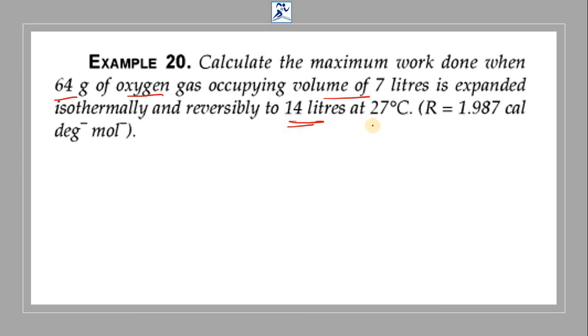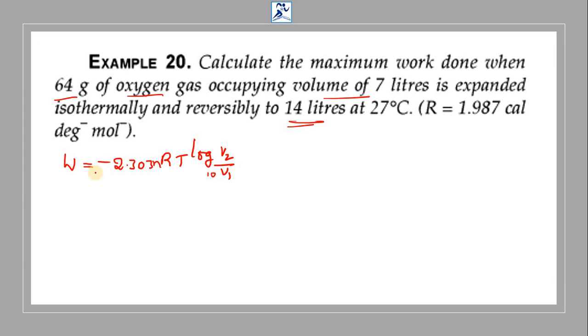Actually, for this reversible isothermal process, a work done formula is there. The maximum work done formula is minus 2.303 nRT into log V2 by V1. This is a base 10 logarithm only.